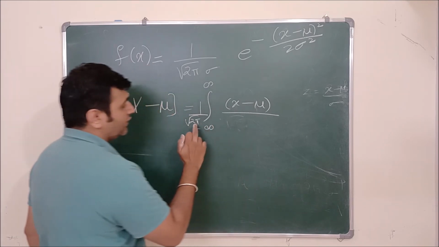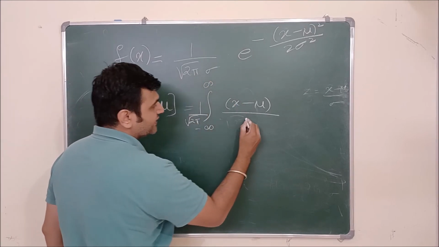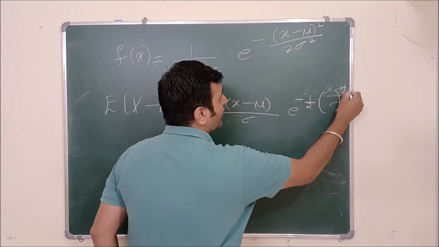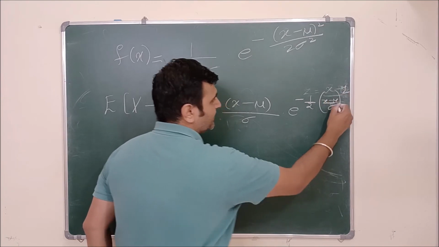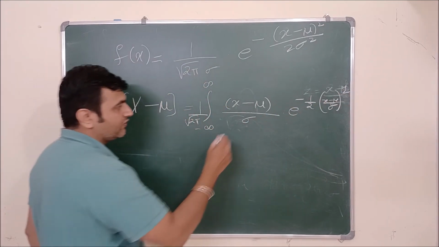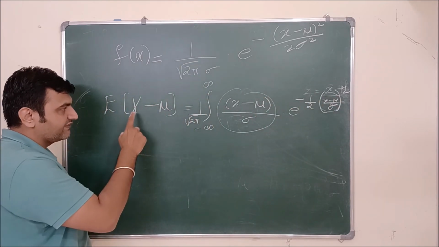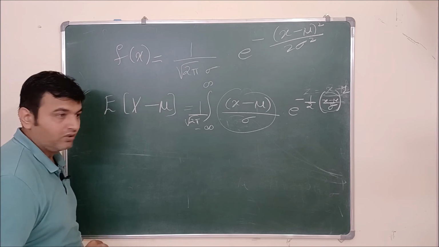Now here what do you have? So this comes outside, so this is sigma over here into e raised to minus 1 by 2 (x minus mu upon sigma) whole square. Now here you can observe I am getting (x minus mu upon sigma), (x minus mu upon sigma), and that's why I took the expectation of x minus mu.